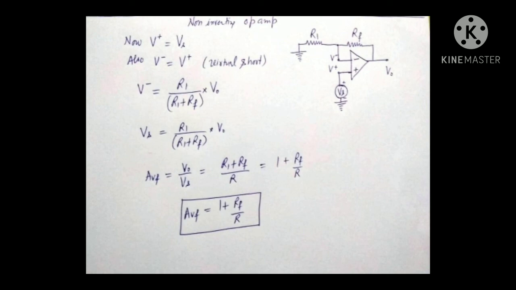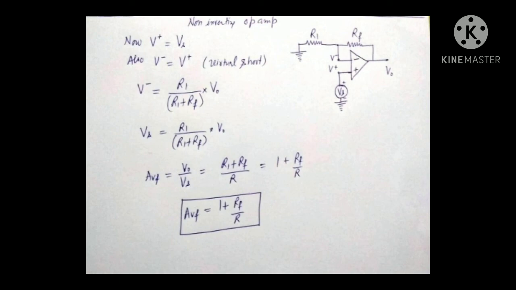So putting this value, we can calculate the AVF, which is closed loop gain, and equal to V naught by Vs is equal to R1 plus RF by R1, or 1 plus RF by R1.